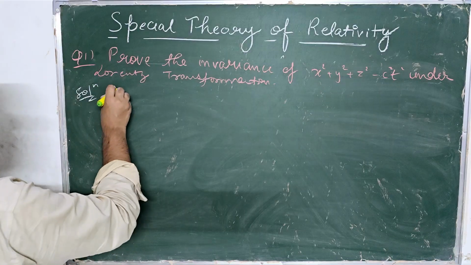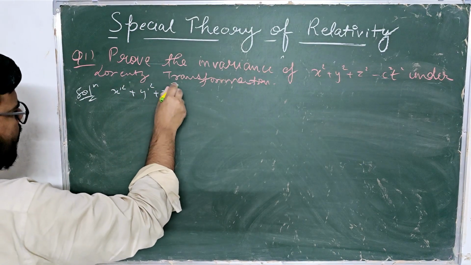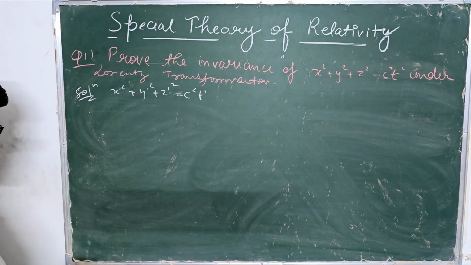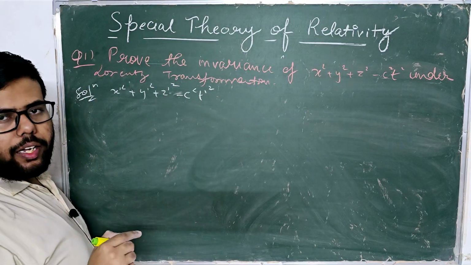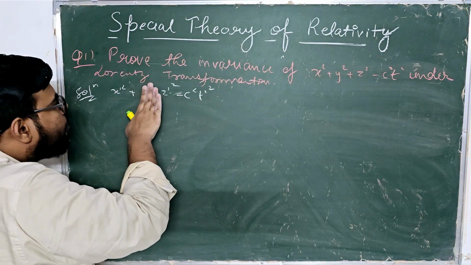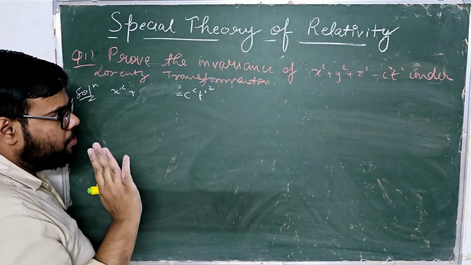So let's start with x'² + y'² + z'² - c²t'². Now clearly y' is equal to y and z' is equal to z, okay? So we don't need to worry about this expression because that is always true.